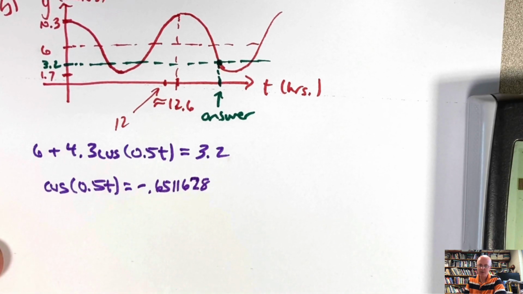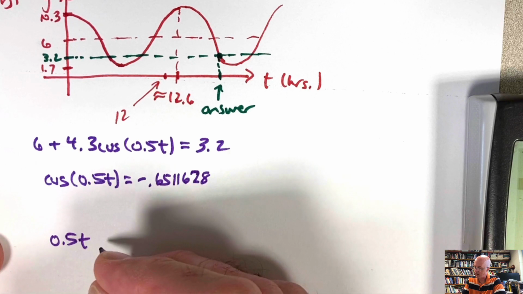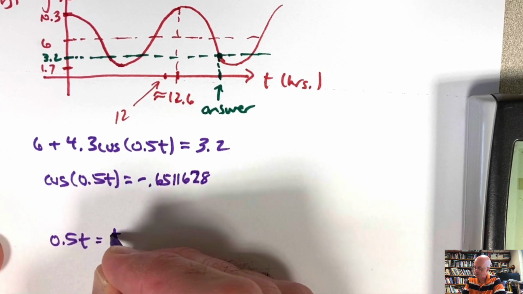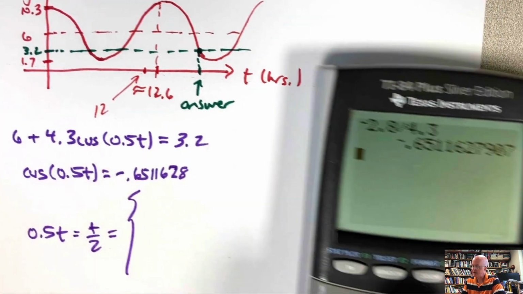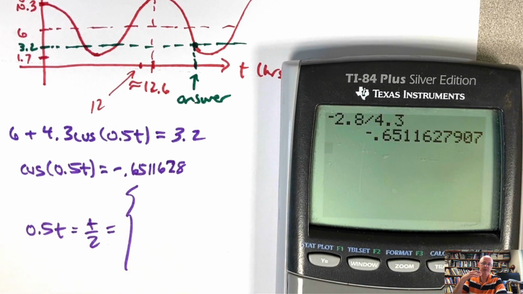And now you can use inverse cosine to solve for 0.5 times t, which is t over 2. The inverse cosine function, if I apply it to this, always gives me an answer between 0 and pi radians, 0 and 180 degrees, but think in terms of radians.